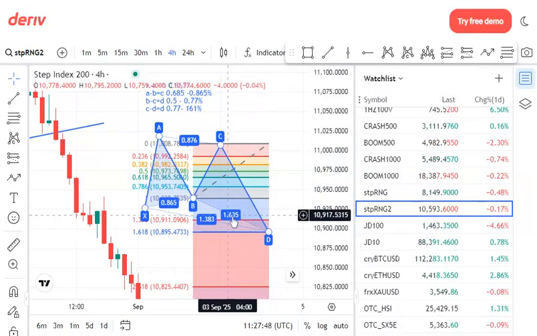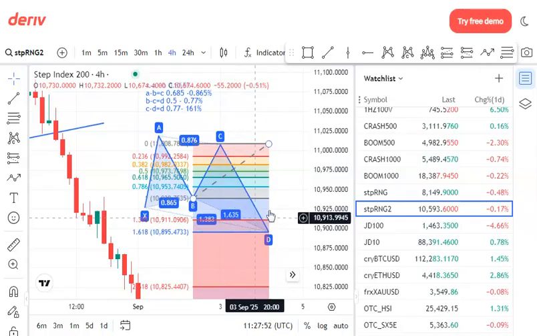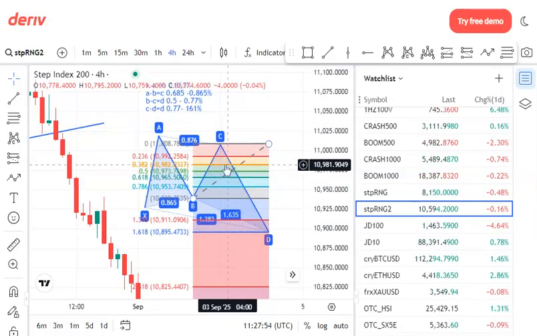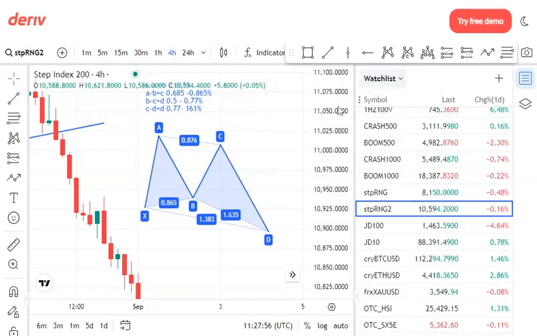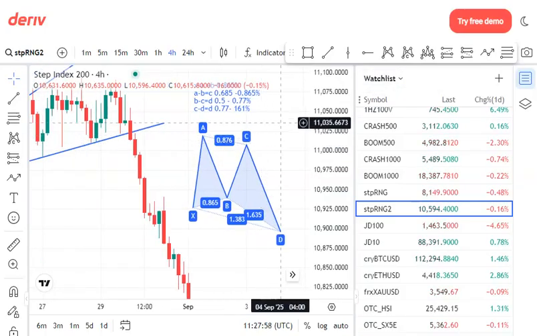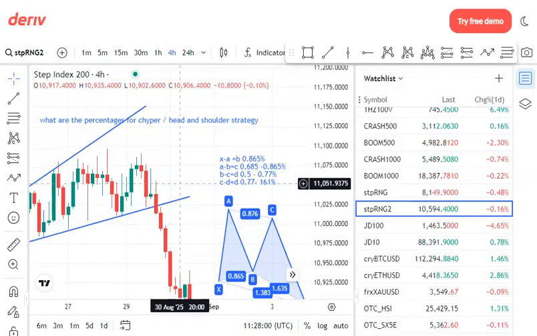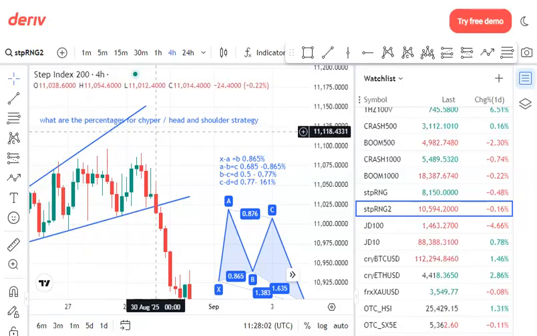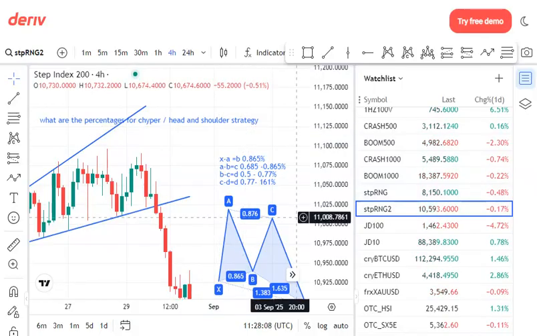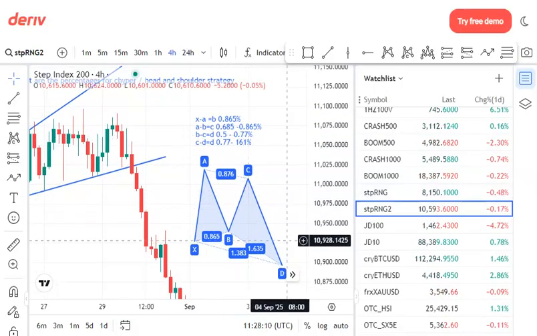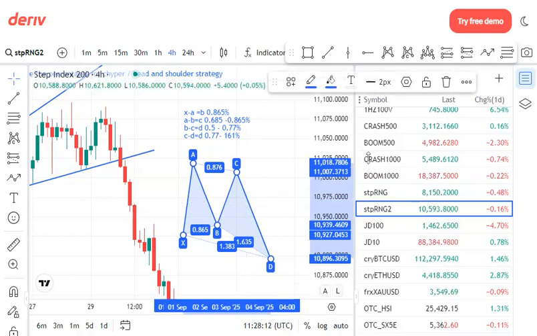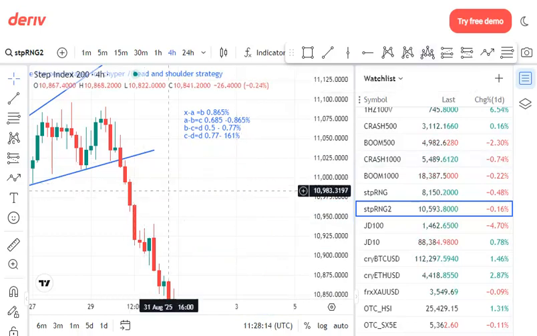That gives us the D. 1.618, that is the D. So what are the percentages? This subtopic is basically the explanation of the percentages for cipher and head and shoulder. So when you see this percentage, you can tell that it's about to be a very sure reversal.